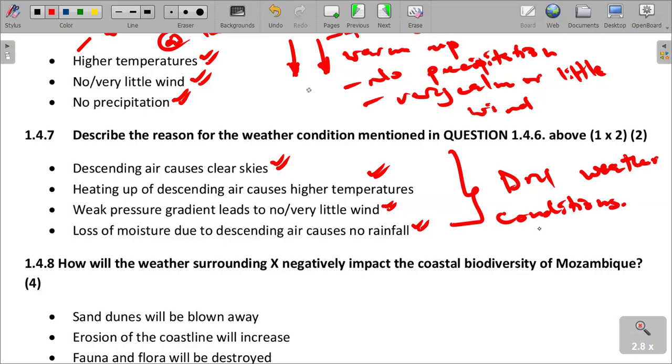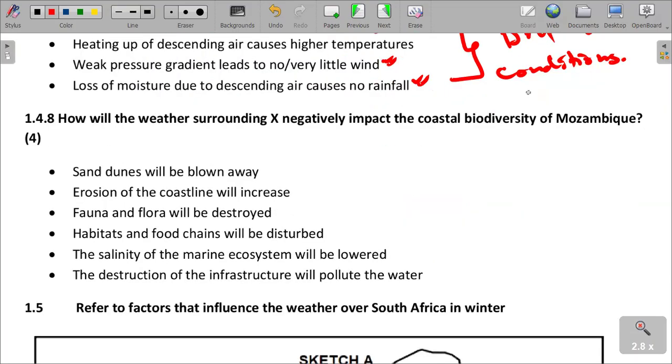Now, what we need to understand again is how the weather conditions at X would negatively impact the coastal biodiversity of Mozambique. Vegetation will be blown away. Erosion of the coastline will increase. Fauna and flora will be destroyed.